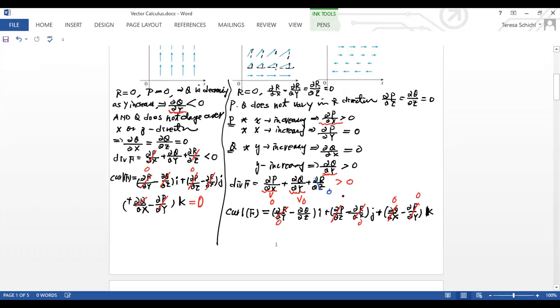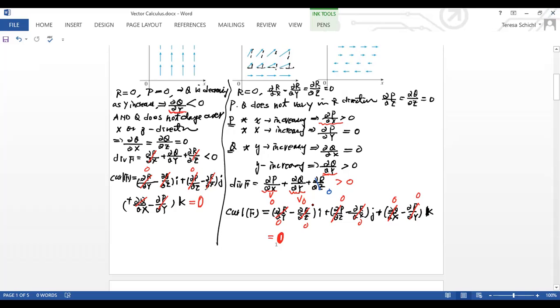So what we have here is that the curl of F is equal to the zero vector. So that's why we say this is not a rotation movement. The same way, you can work out number 11 and see what conclusions you come up with. This is very interesting.